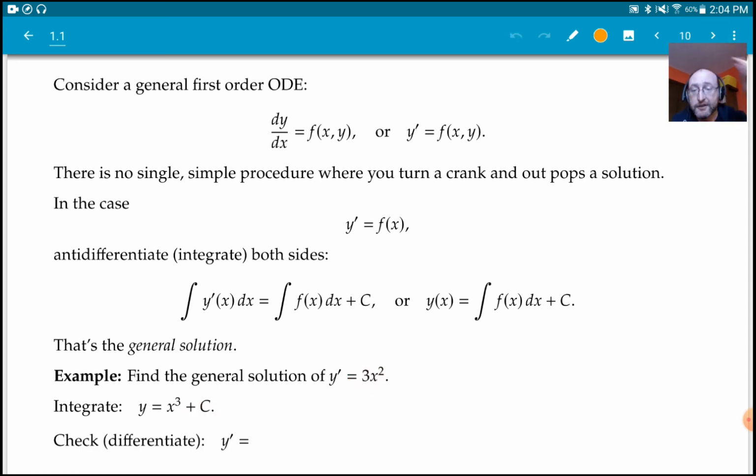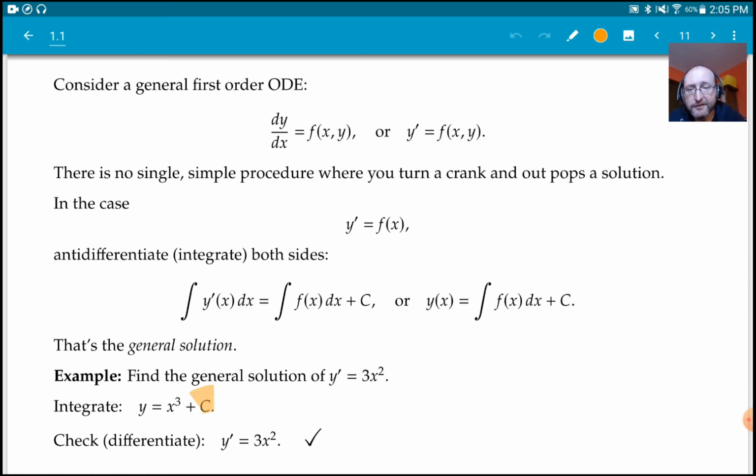Now, we can always check things, and you should always, if you have time, when you're working out a problem, maybe you're taking a class and an exam. How do you check? You differentiate. In this case it's a little bit overly simple, but if I differentiate, I get 3x squared.